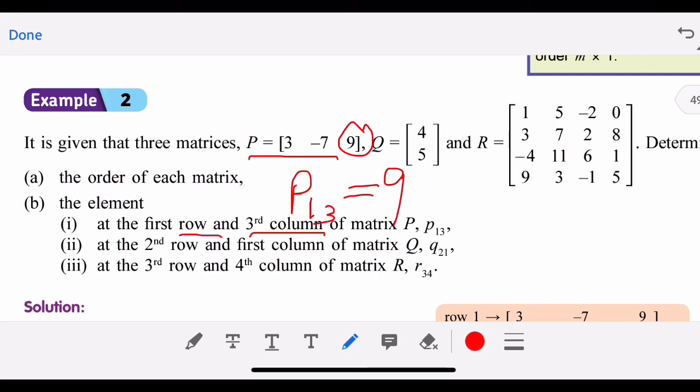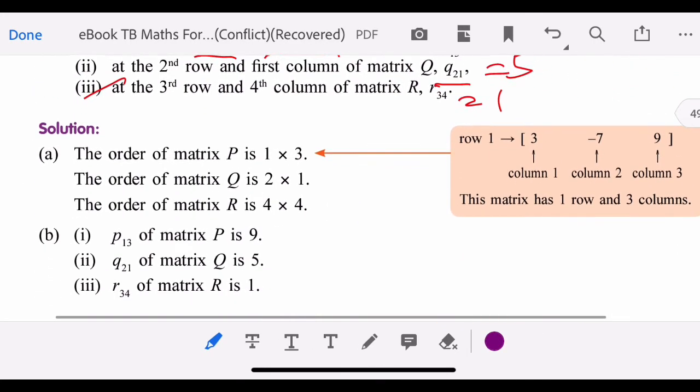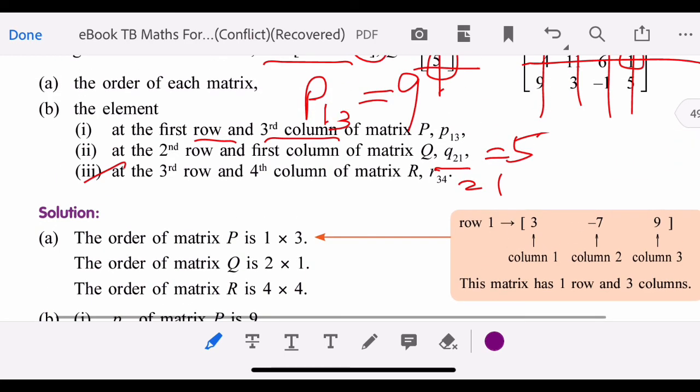Okay, let's say for matrix Q, row 2, first column, so it's 5, right? And for the next one, third row and fourth column, 1, 2, 3, 4. So this is the answer, which is 1. Easy? Right. So okay, we have 9, 5, 1.